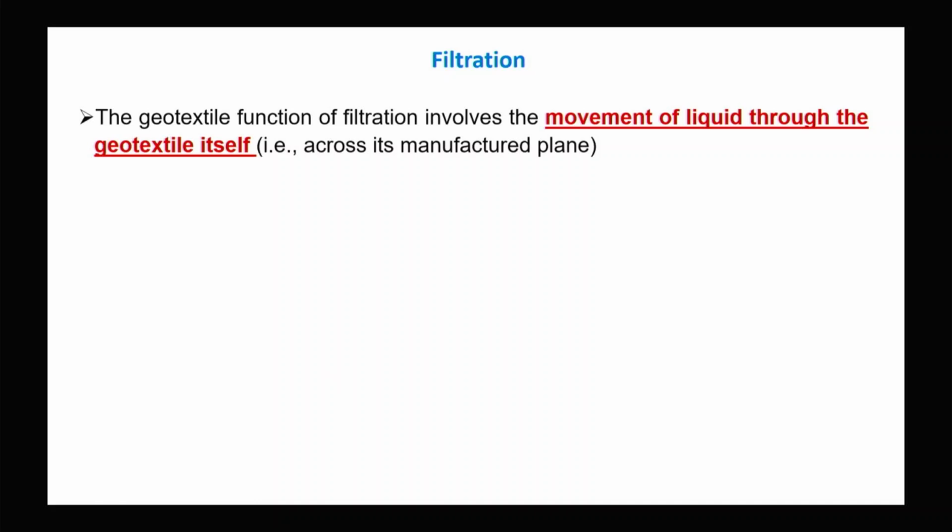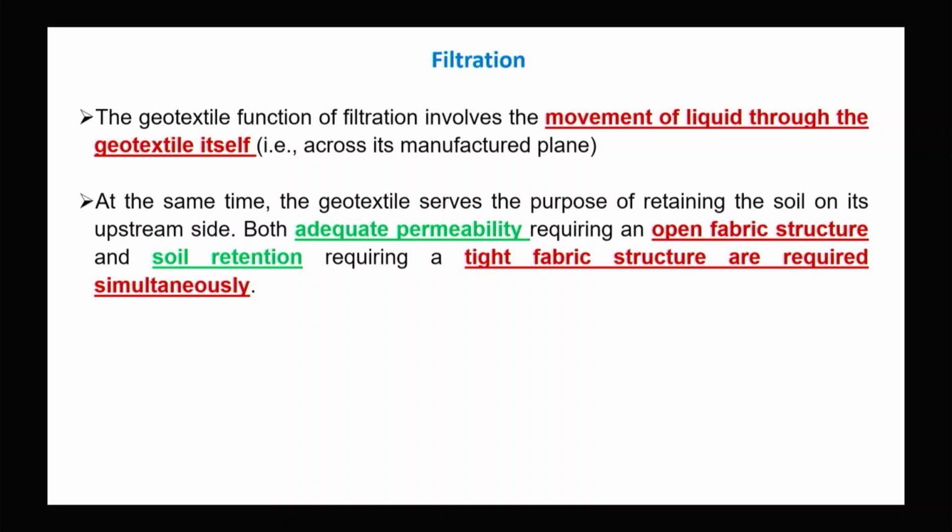The main function of filtration is the movement of liquid through the geotextile. So free liquid movement should be there. Otherwise, clogging means liquid storage. If we stop the liquid, the total structure will get damaged. So the main purpose, as I have mentioned, is that adequate permeability should be there, so an open structure has to be there.